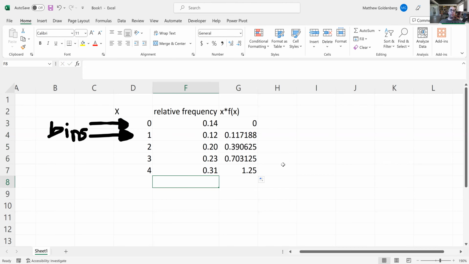And then if you want to know the expected value, or average, or mean, I'm going to call it E of X. You just take the sum of what you just calculated. So we're going to add up all of these values.